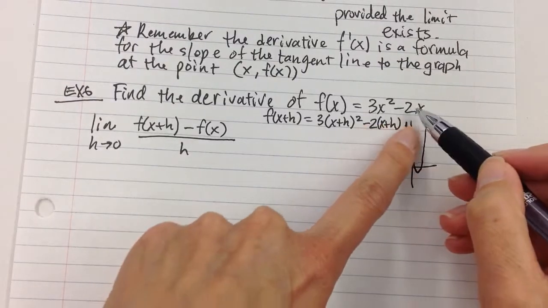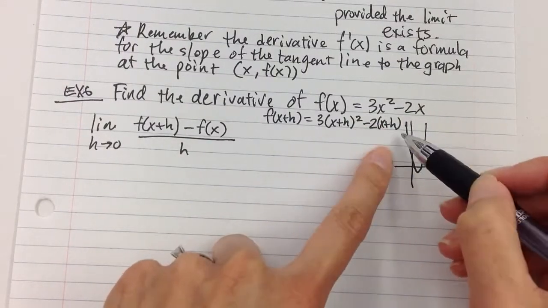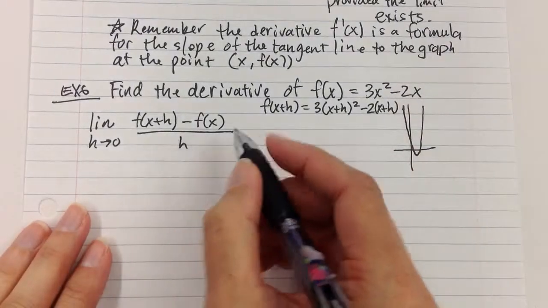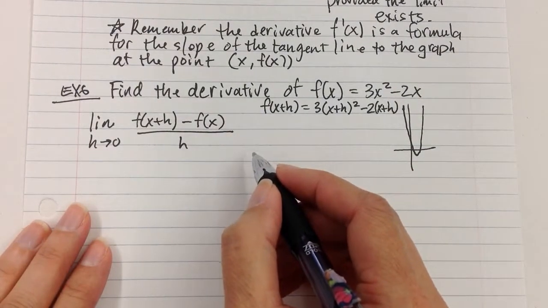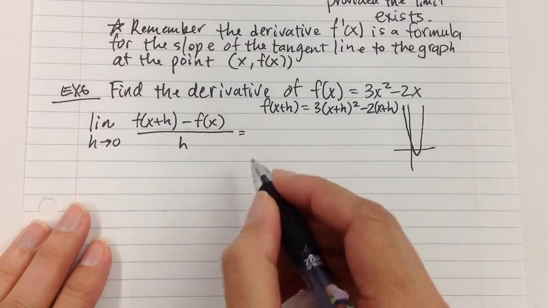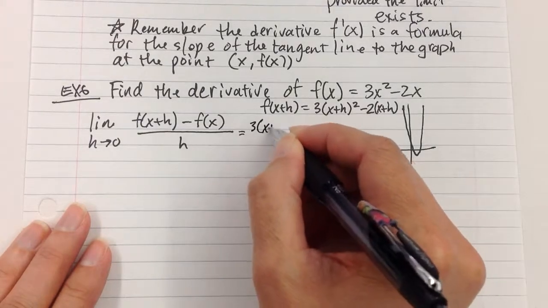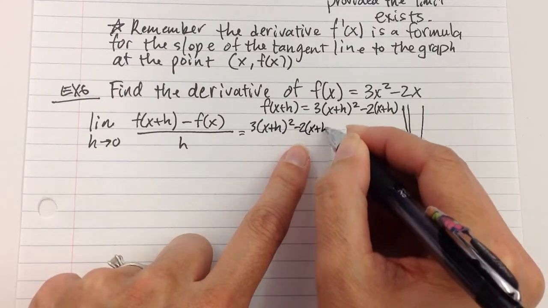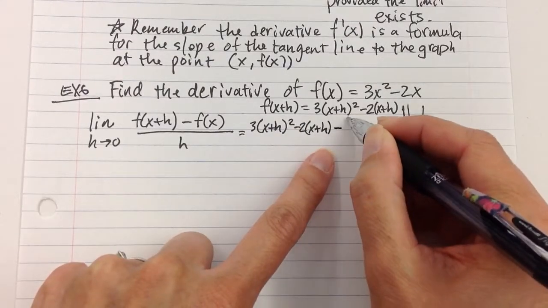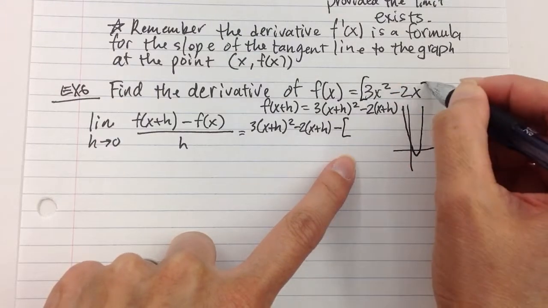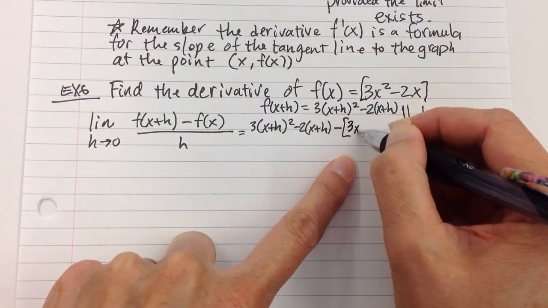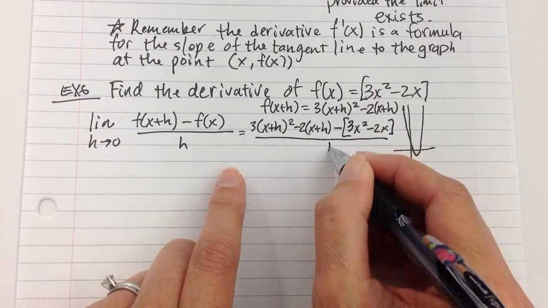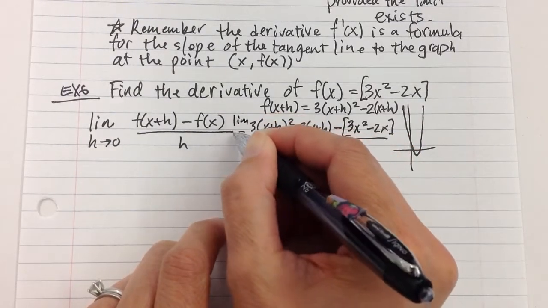There was an x here, there was an x here, so I replaced both of them with x plus h. Okay, so this is going to be 3 times x plus h squared minus 2 times x plus h, minus this whole thing right here, minus 3x squared minus 2x, all over h. And of course, I should put the limit as h approaches 0.